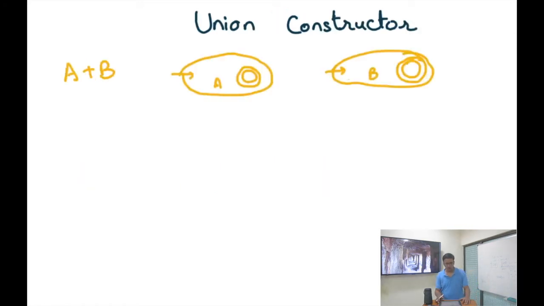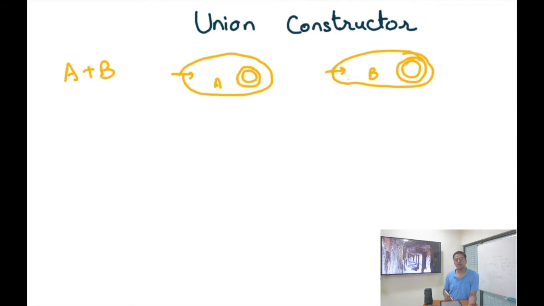Alright, now let's look at the higher level operators, the inductive operators. So A plus B, which is the union operator. Let's assume that for A we have already constructed an NFA which looks like the diagram shown on the slide. Similarly, for B we have constructed an NFA. We are now interested in constructing an NFA for A plus B. So how do we do that?